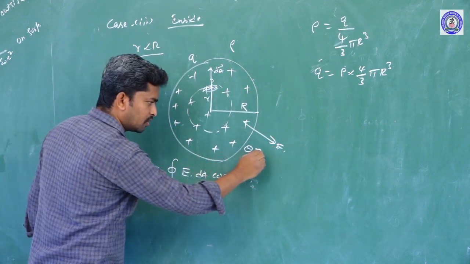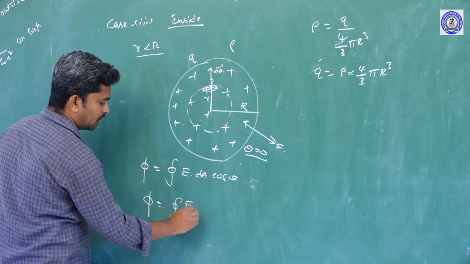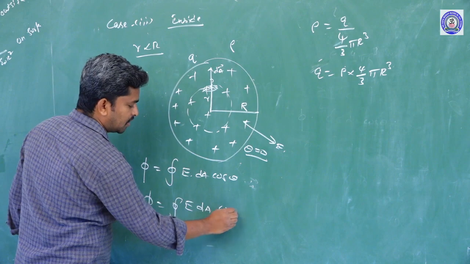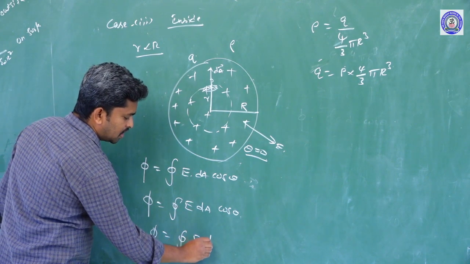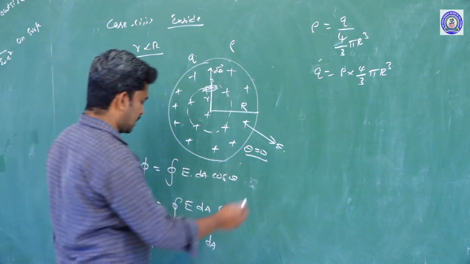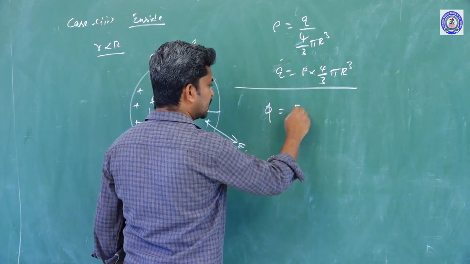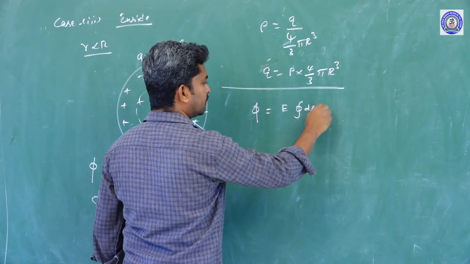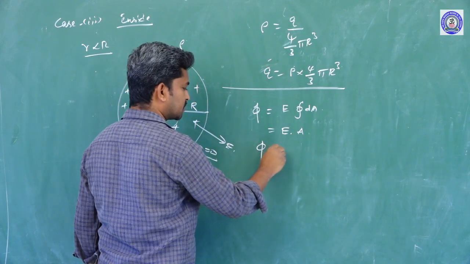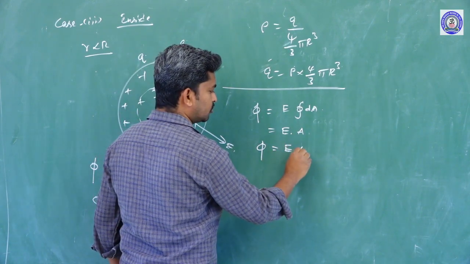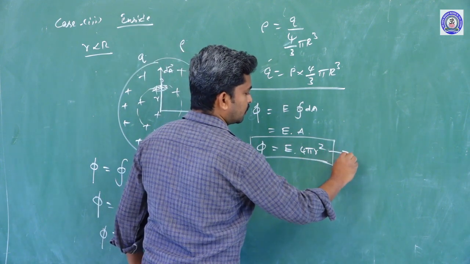So theta is equal to 0, and phi is equal to the closed surface integral of E dA cos 0. So phi is equal to E into the closed surface integral of dA, which is E into A, and the flux phi is equal to E into 4 pi r square. This is equation number 1.